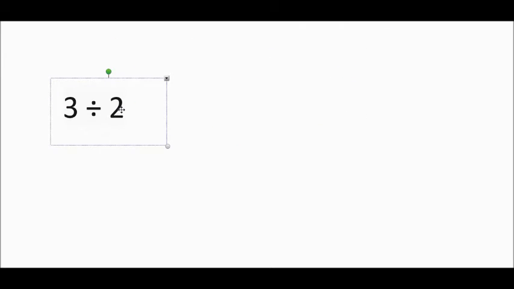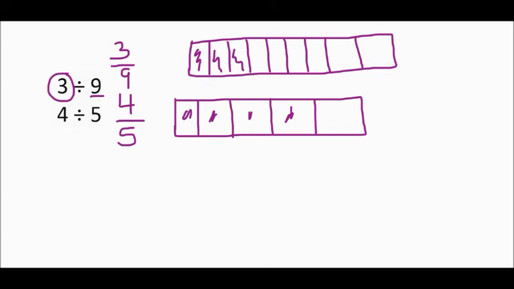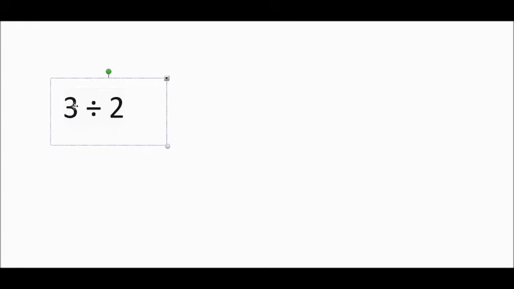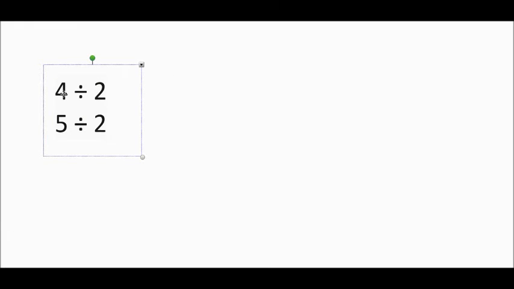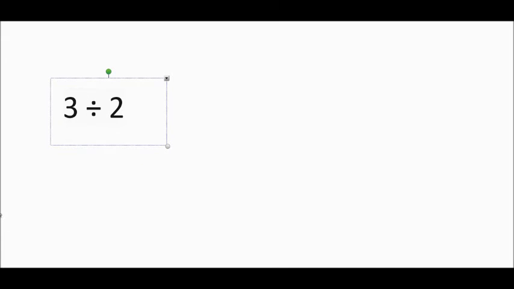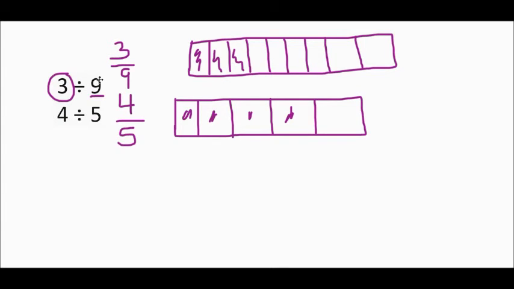Same thing for 3 divided by 2, but this is where it becomes a little different. The difference here is that my divisor is larger than my dividend.